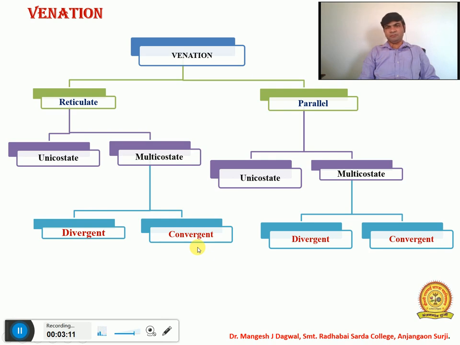Similarly, parallel venation is again of two types: unicostate and multicostate, and the multicostate is also of two types, divergent and convergent. These are the different types of venation that occur in plants, and reticulate and parallel venation especially differentiate dicotyledonous and monocotyledonous plants.